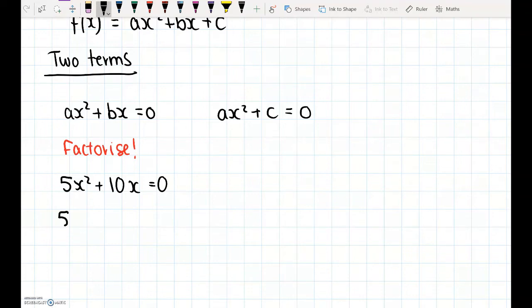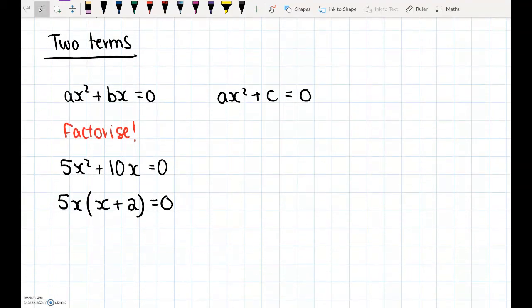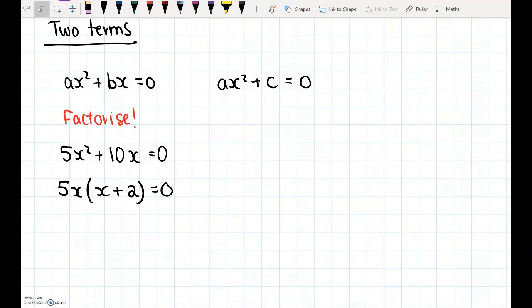So we can say 5x is our factor, and then 5x squared divided by 5x is x, plus 10x divided by 5x is 2, is equal to 0. Many people make mistakes with this, and it is actually one of the simplest types.